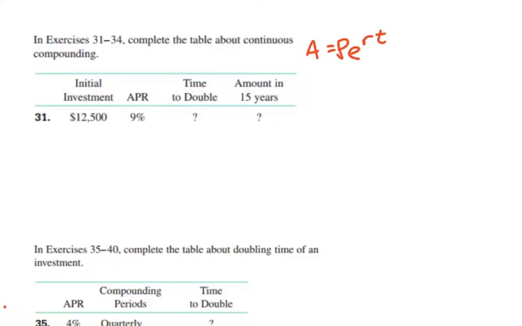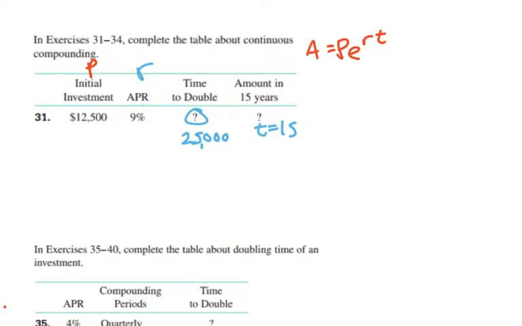Your initial investment is going to be P. Your annual percentage yield is going to be your R. And now we're looking for our time to double, meaning the double of 12,500, which is 25,000, and then when T equals 15 as well. Also, don't be confused with annual percentage rate and annual percentage yield, to work this backwards or anything.